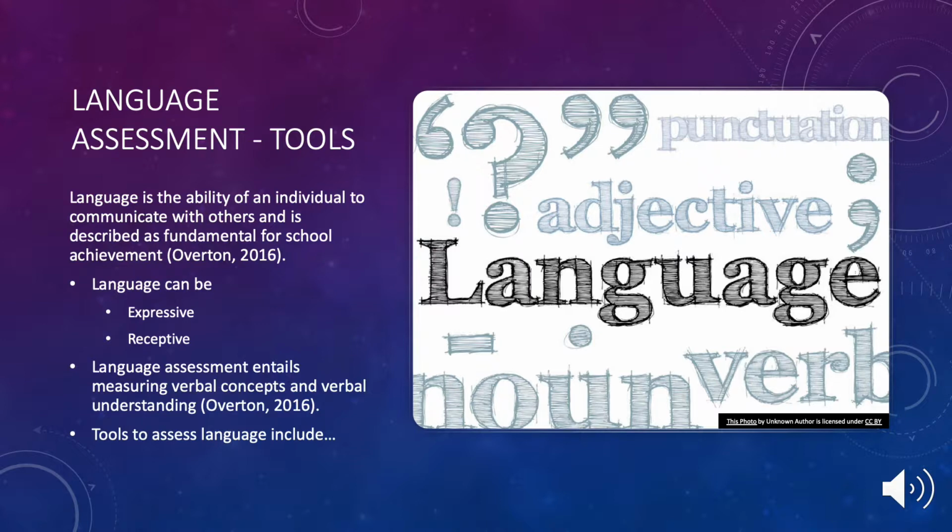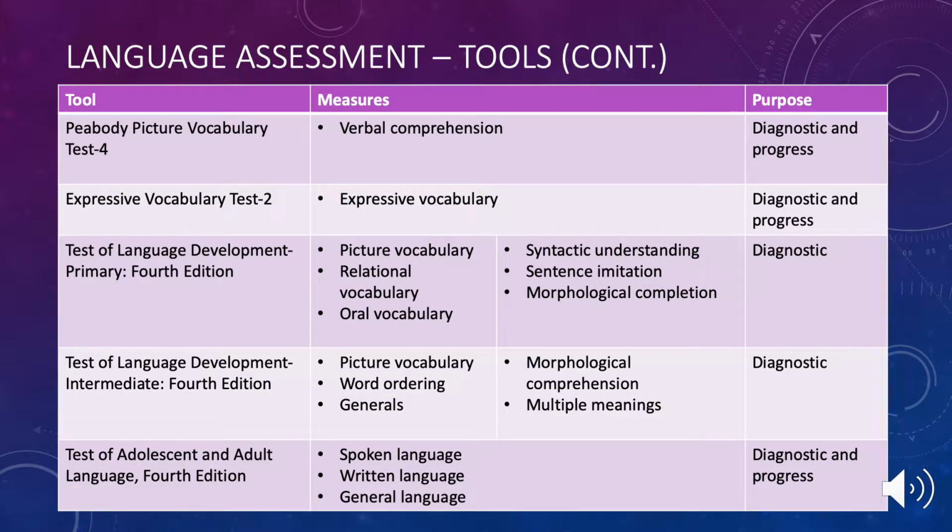So according to Overton, language assessment entails measuring verbal concepts and verbal understanding. Some of the tools used are listed here, and you're going to look at verbal comprehension and expressive vocabulary.